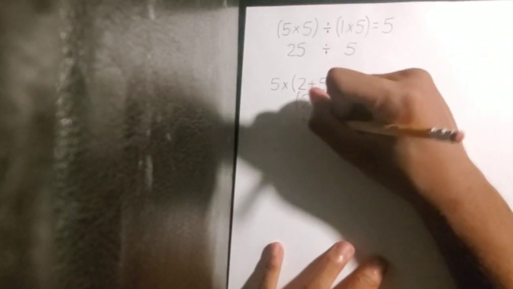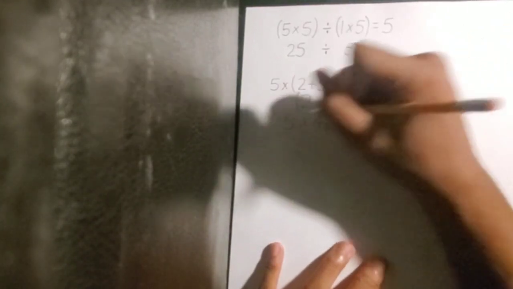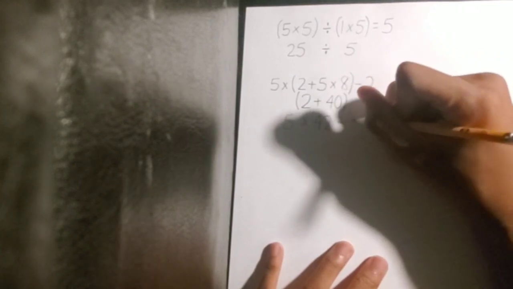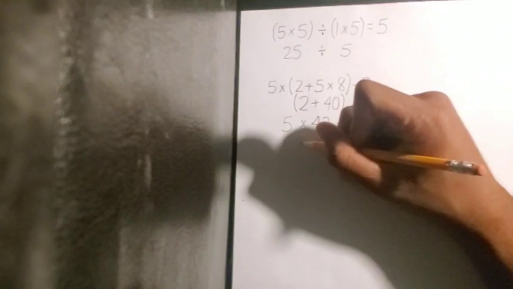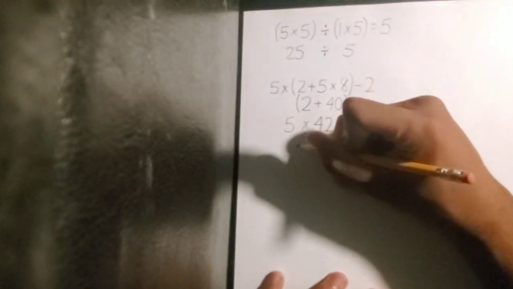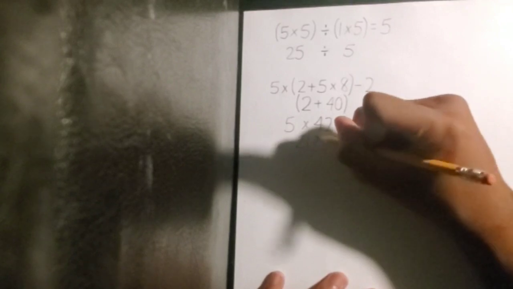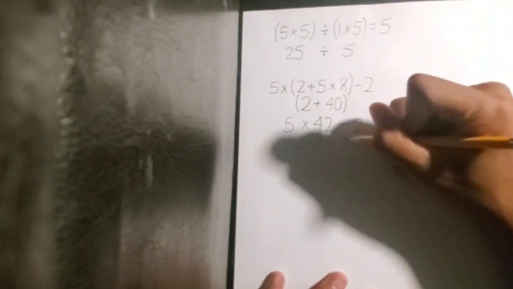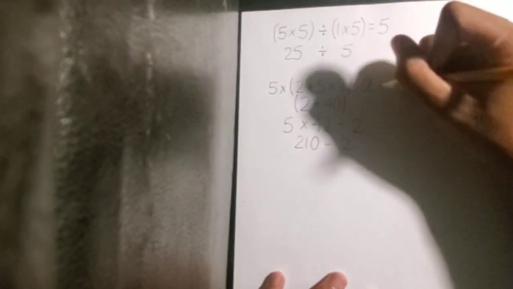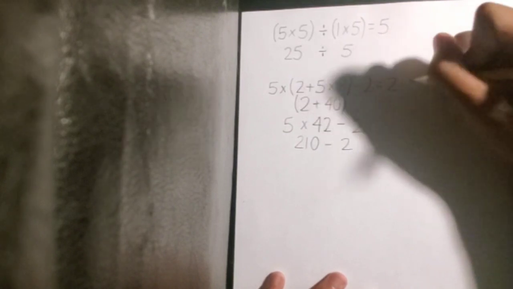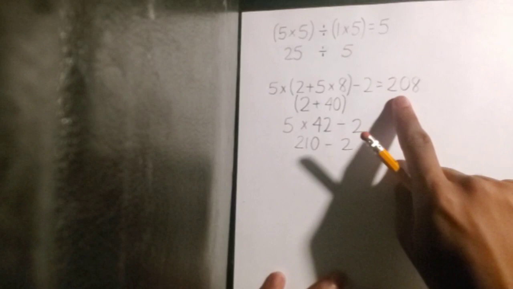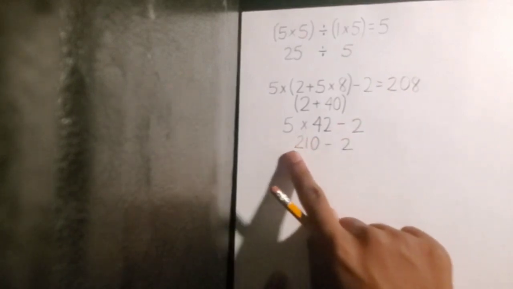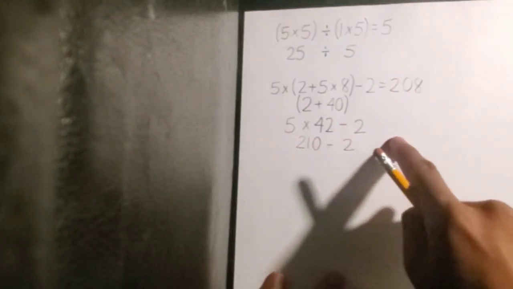And now we're done with the parentheses. Now we have to solve 42 times 5 equals 210. Now minus 2 equals 208. That is the answer. See how impressive that looks?